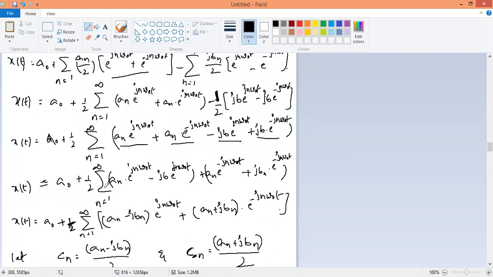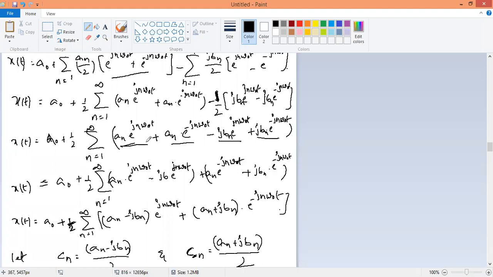One by two common. Sigma n equal 1 to infinity an e power jn omega naught t minus jbn e power jn omega naught t, plus an e power minus jn omega naught t, minus into minus plus, plus jbn e power minus jn omega naught t.